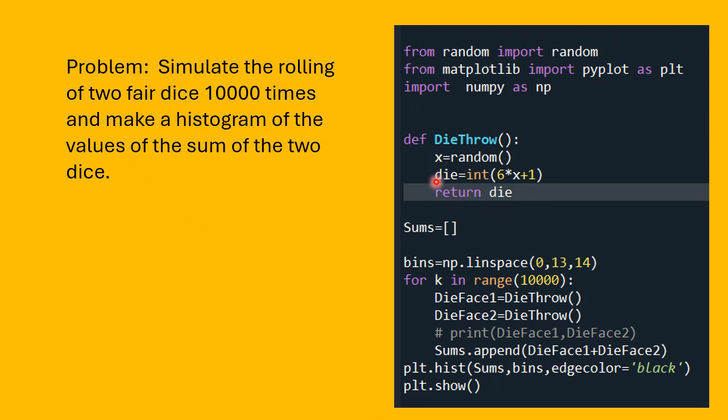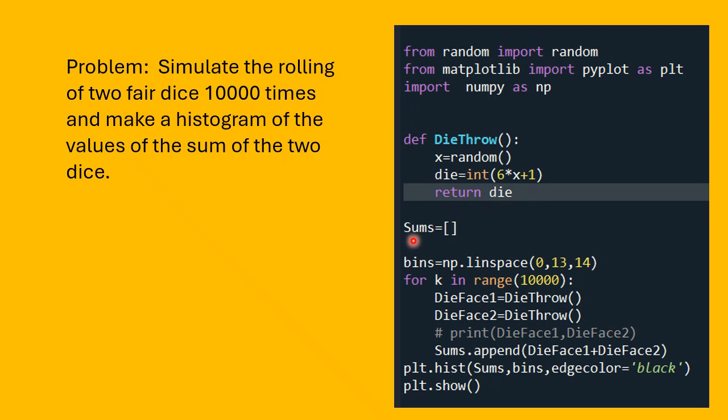Then we let die equal int of 6 times x plus 1, and we saw before that that will give us a random integer, either 1, 2, 3, 4, 5, or 6, all of those being equally likely. And then when this function is called in our main program down here, we will return the value of die.